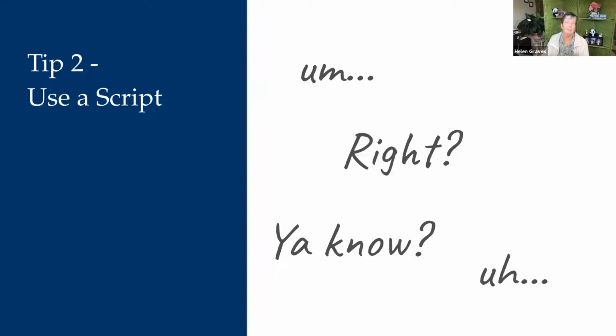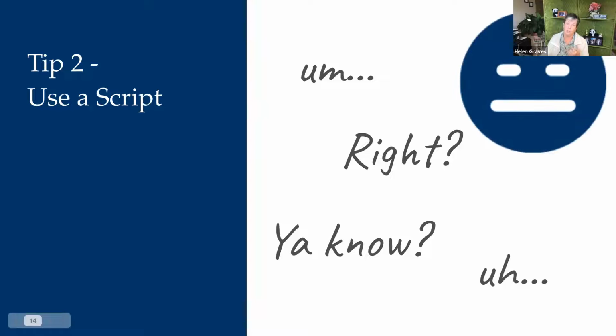So then I said, and that happens because our brain is busy processing, and we, the speaker, usually don't even notice that we're doing it, but your listeners are noticing. So a script is going to alleviate that potential pitfall.